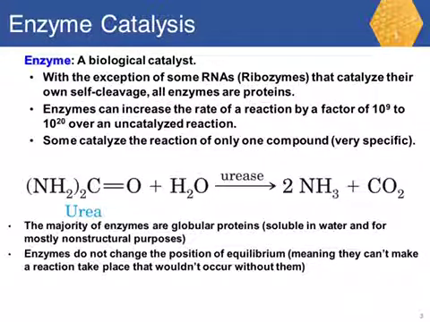So that's pretty fast. Some catalyze the reaction of only one compound, meaning that they are very specific, while others are more broad spectrum. Here you can see that urea is catalyzed by urease to form ammonia and carbon dioxide.